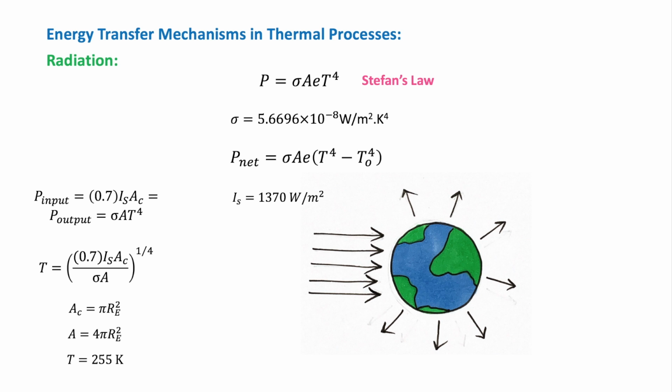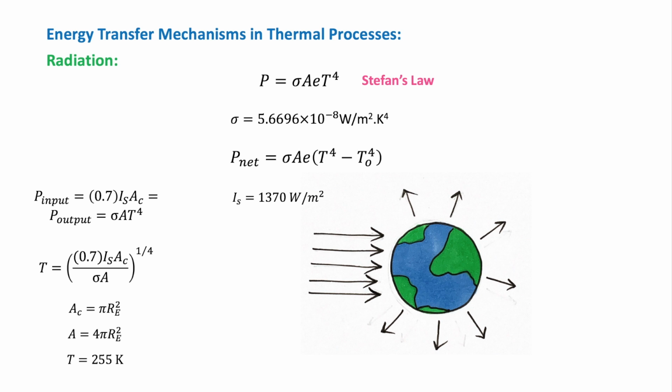So we will now discuss another method of energy transfer related to the temperature change, and it is through electromagnetic radiation. All objects radiate electromagnetic waves continuously. And we shall see in other videos that any accelerating electric charge emits electromagnetic radiation.